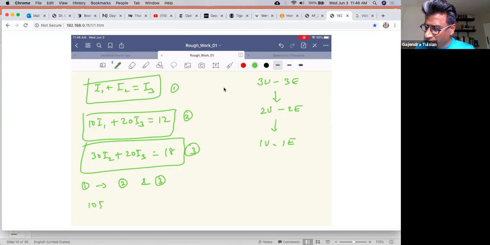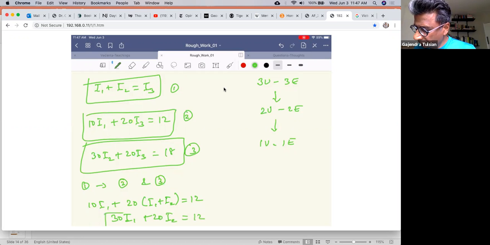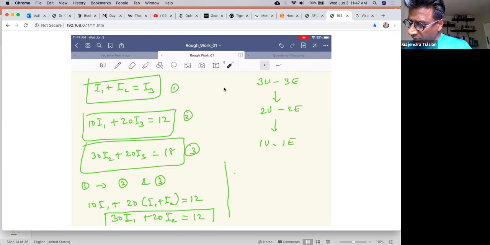So 10 I1 plus 20 I1 plus I2 equal to 12. So this is 30 I1 plus 20 I2 equal to 12. And then when we substitute I3 there in this equation, 30 I2 plus 20 I1 plus I2 equal to 18.